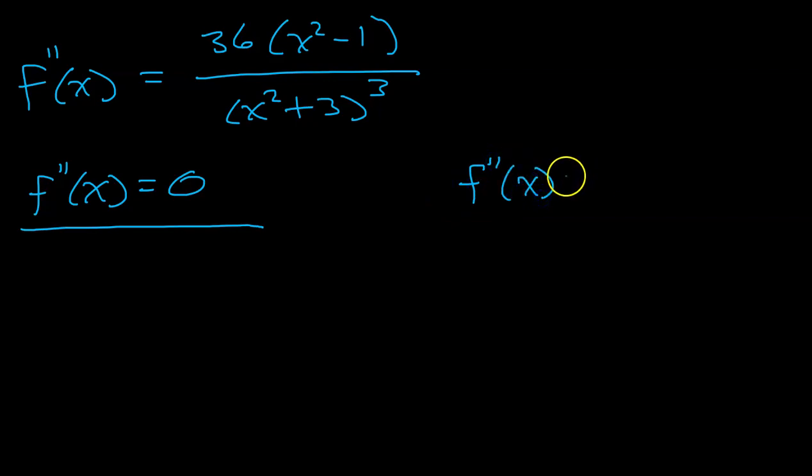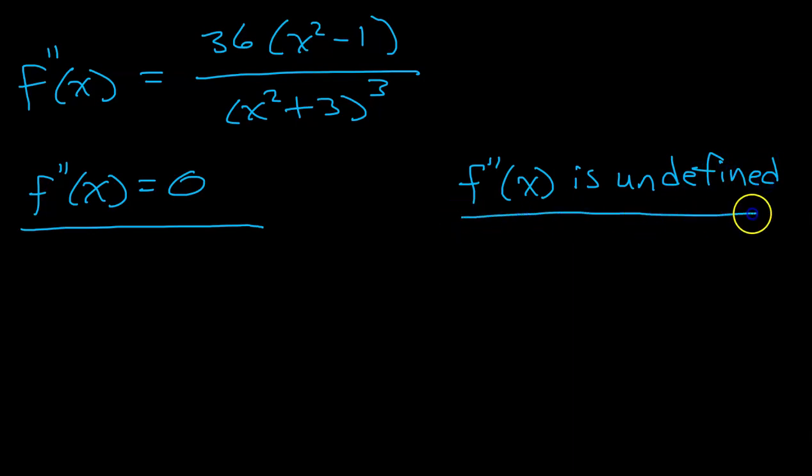That's another source of critical numbers. And once again, when you have a fraction that you're trying to set equal to 0, you can really just set the numerator equal to 0. The denominator can't be 0, only the numerator can equal 0.